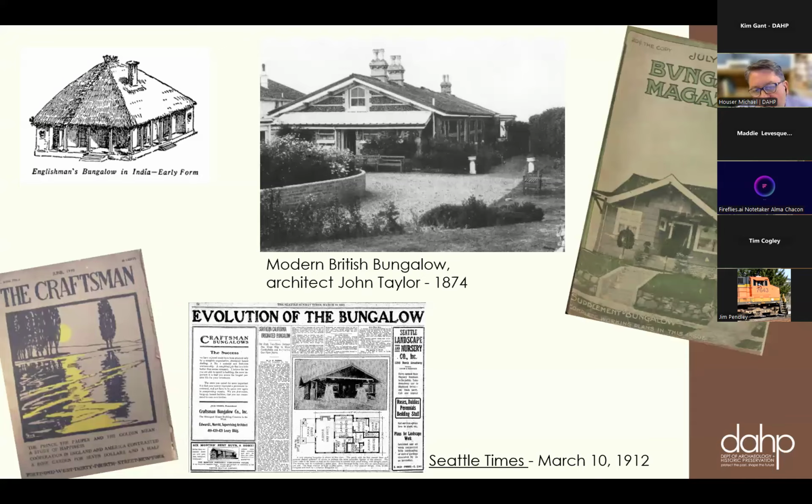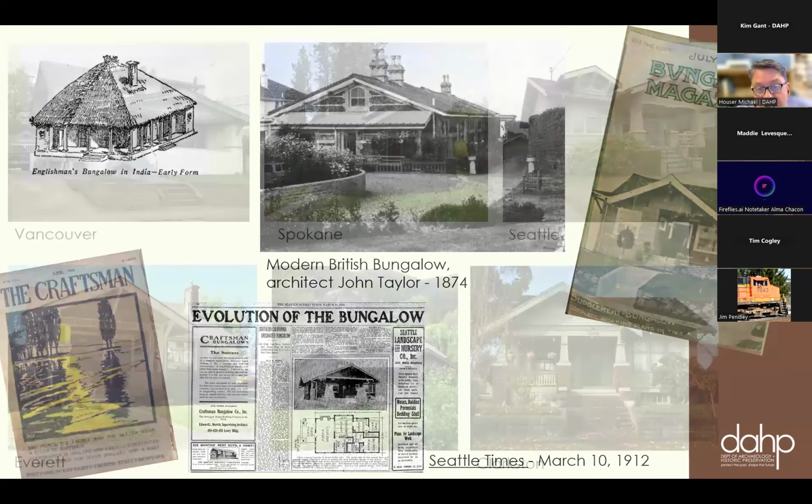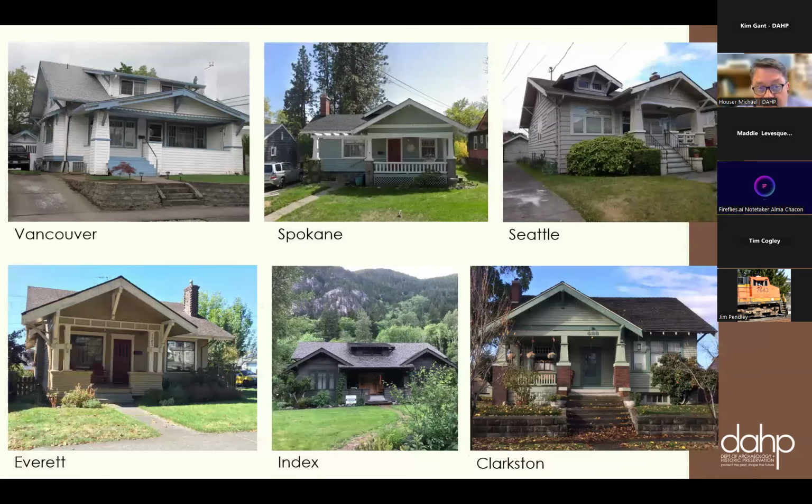And then in the 1900s, in the 20th century, that term filters over into the US, but mainly attached to a style. And that style that we think of is something that looks like this, right? The Craftsman bungalow. So a style that's applied to a building form.